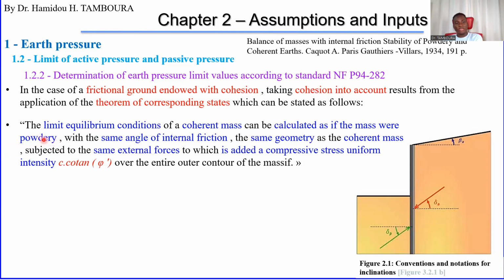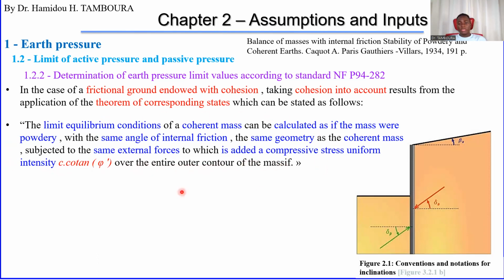This is directly translated from French. Just consider cohesionless soil with the same angle of internal friction, the same geometry, and the cohesive mass subjected to the same external forces, to which is added a compressive stress of uniform intensity C multiplied by cotangent of phi prime over the entire outer contour of the massif.